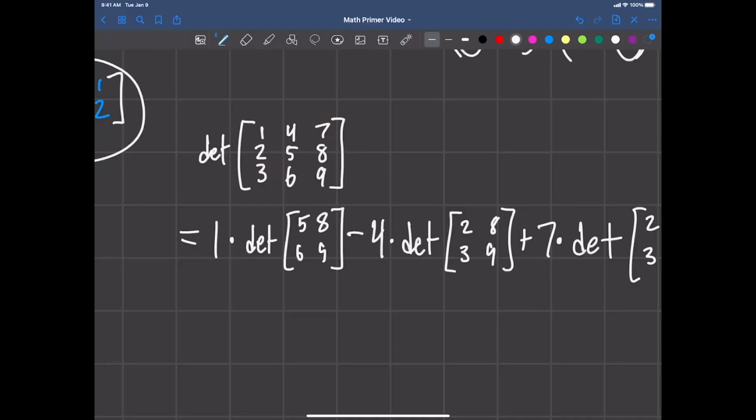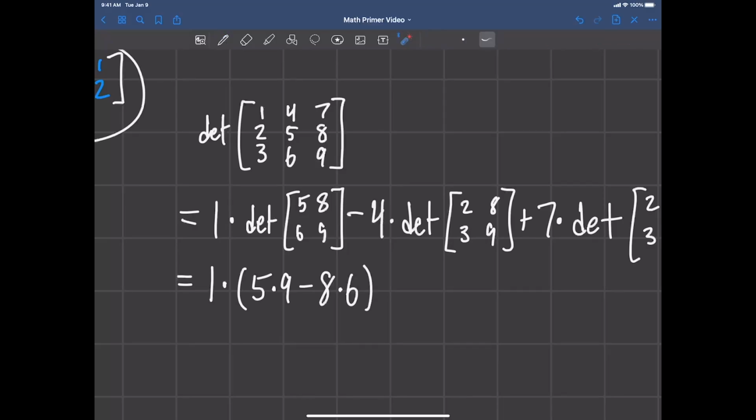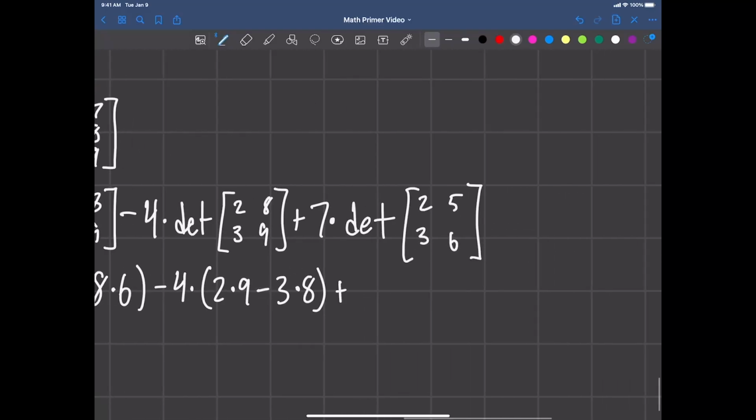So how do we find the determinant of a 2 by 2 matrix? Well, we take the elements, we multiply them together this way, and then subtract it with the product this way. And we do that for each of them. So it would be 1 times (5 times 9 minus 6 times 8) minus 4 times (2 times 9 minus 3 times 8) plus 7 times (2 times 6 minus 3 times 5).